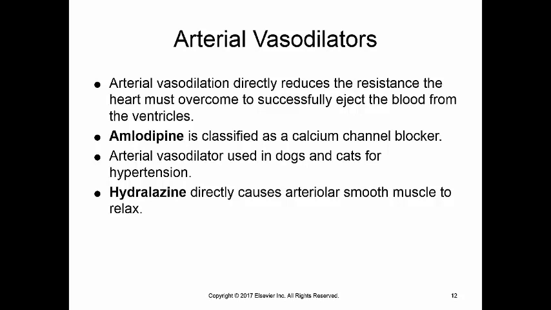And so we can use amlodipine, which is also a calcium channel blocker. And then much more commonly used is hydralazine, because it works specifically on the smooth muscles in the arteries to relax them, and doesn't have some of the other calcium channel blocking effects of the amlodipine.